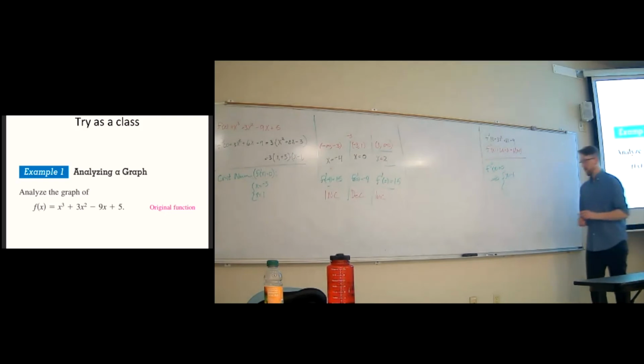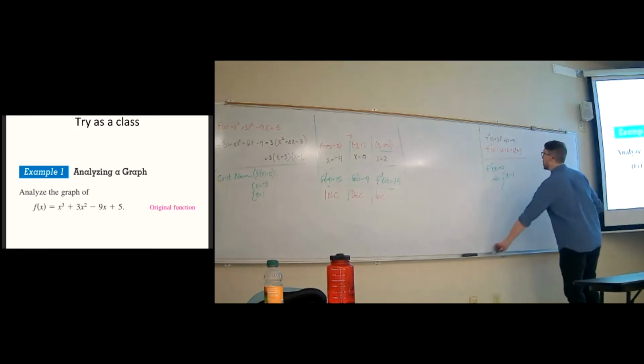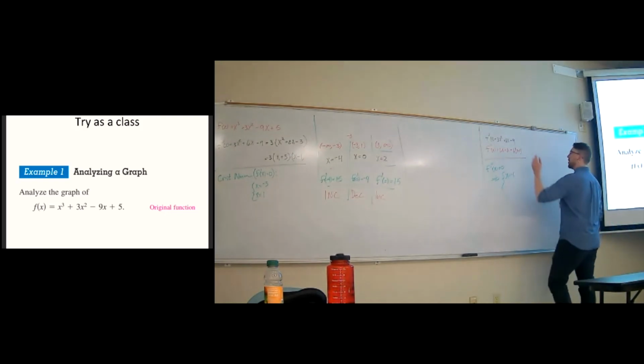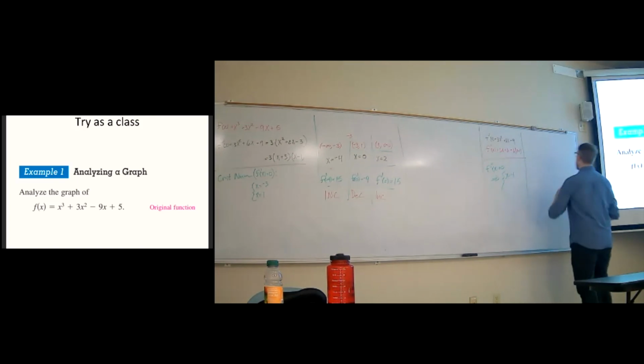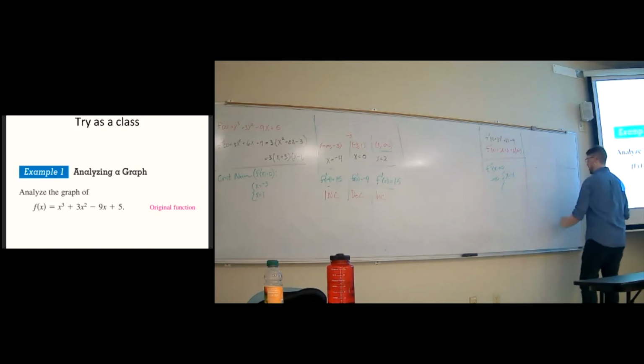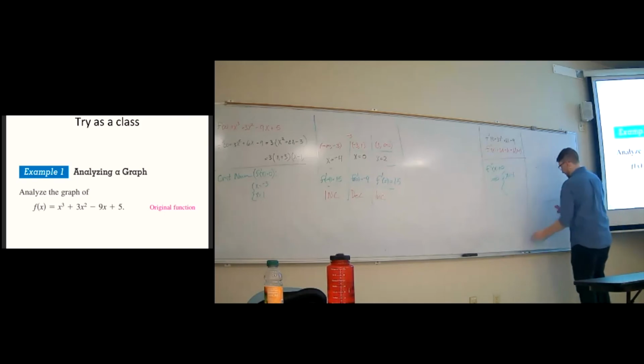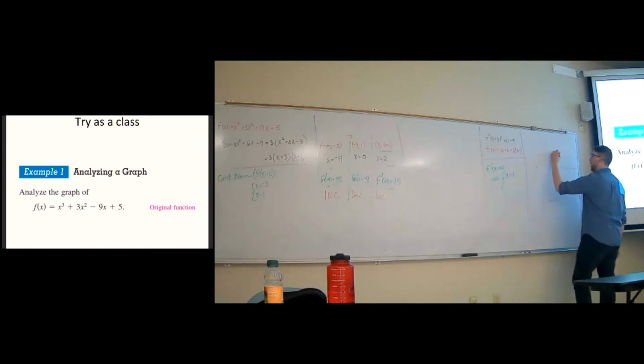So now, those are the possible inflection points, is that correct? Yes. So now, I'm going to break up our number line. At negative 1, this is going to be negative infinity to negative 1, and negative 1 to infinity.